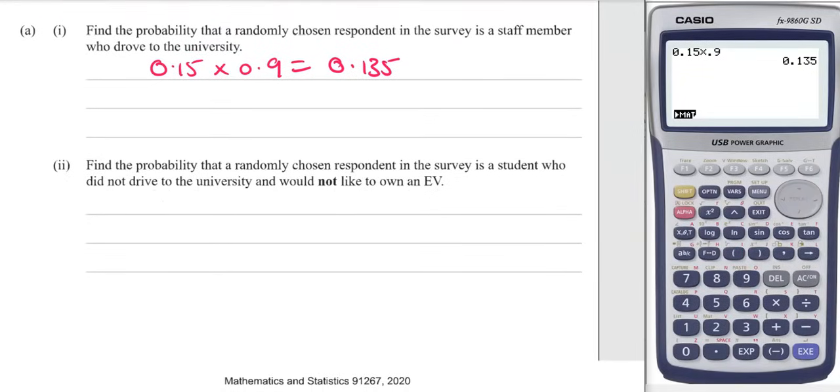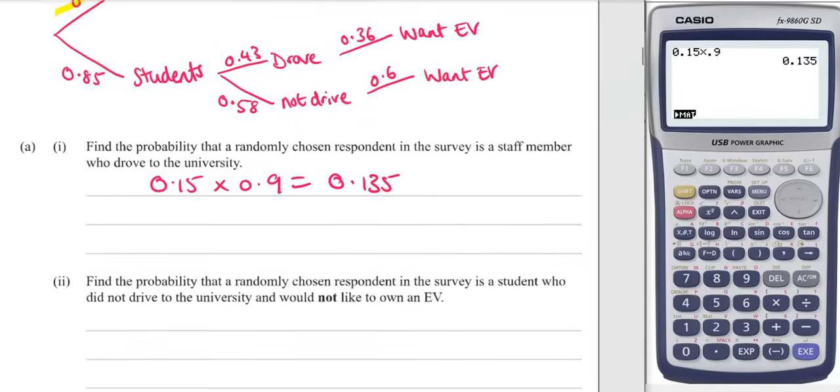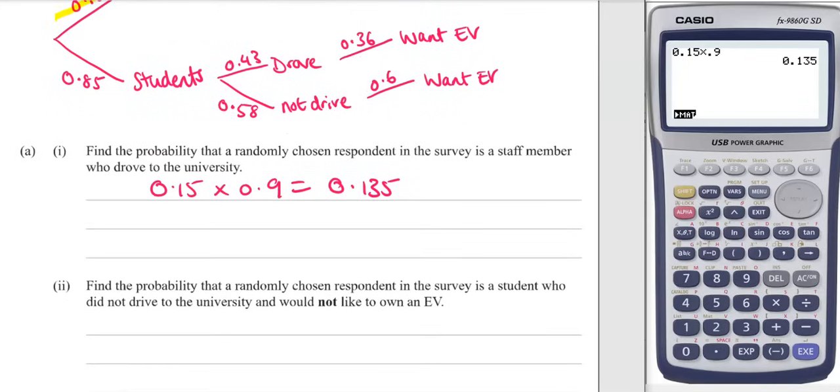For part 2, find the probability that a randomly chosen respondent in the survey is a student who did not drive to the university and would not like to own an EV. So they don't want an EV. So I've just added those branches of don't down there. So we want students. I'm just going to highlight all the bits that we want in what we're looking at.